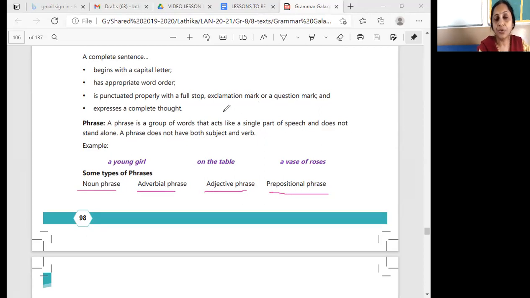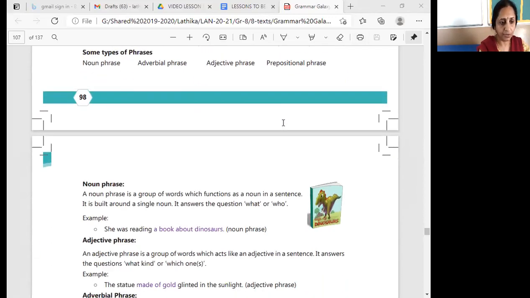Now, how do you check whether this phrase is acting as a preposition or as an adverb? For that we need to ask some questions to the main clause.